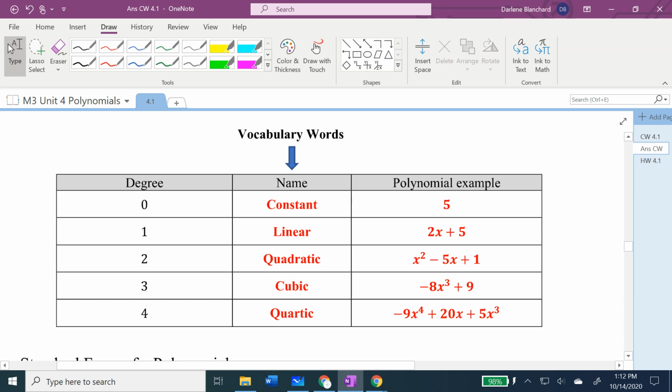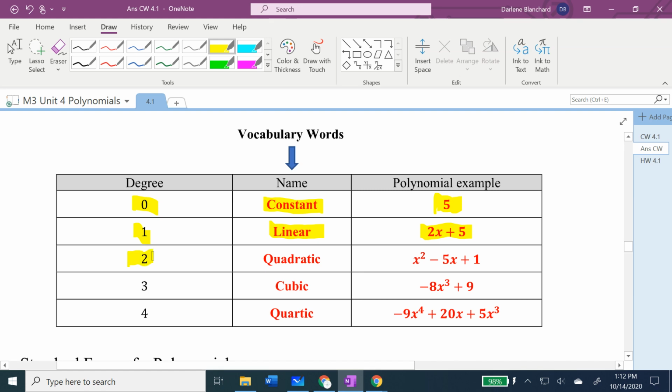Okay. So, when we are looking at a polynomial that is just a number, it is degree 0, and we call it a constant polynomial. You're familiar with the word linear function. When a polynomial is degree 1, it is linear, and the word linear means of a line, so line.